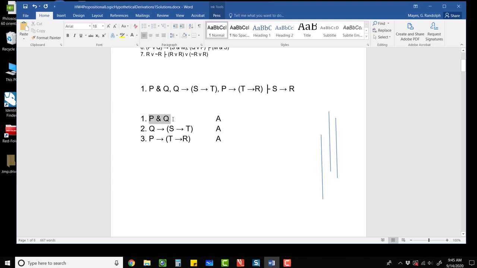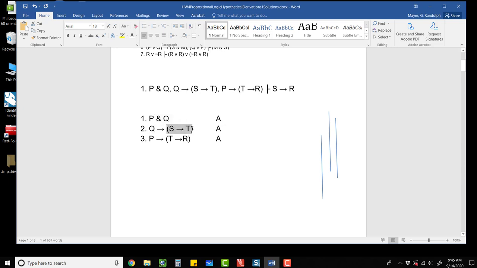So you see that you have P and Q, right? Which means that you could have P and you can also have Q by conjunction elimination. Q will give you if S, then T. P will give you if T, then R, right? So you could get some value by doing conditional elimination on the first assumption and then applying each of these conjuncts to the conditionals.